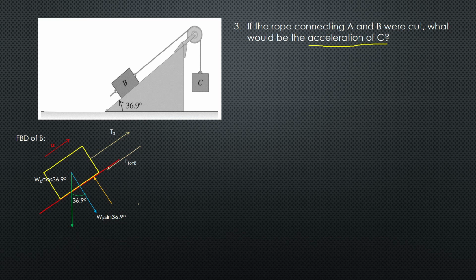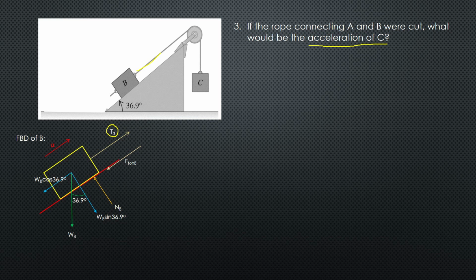Okay, so there's no tension available here because the rope is already cut. There is only a tension connecting the two blocks, so there's a tension here, tension 3, and weight is always acting downward.